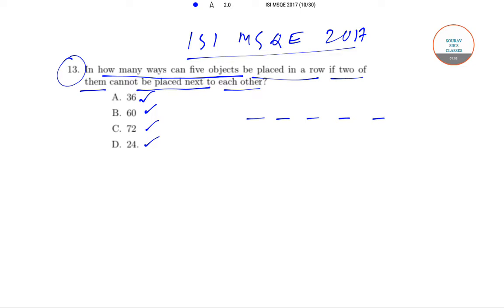and suppose 2 of them, 2 objects, A and B, are always placed together. So what we'll do, we'll take this entire AB section as one element and then take the arrangements among them.